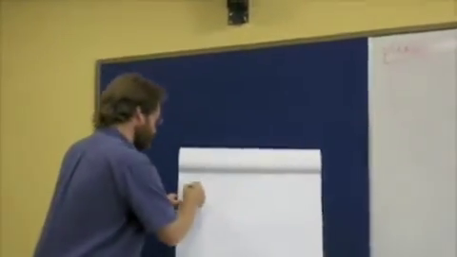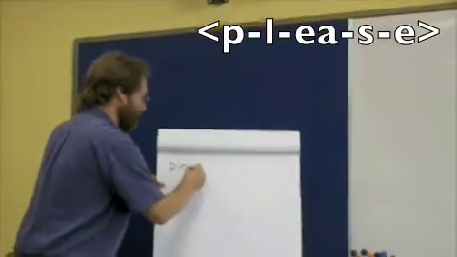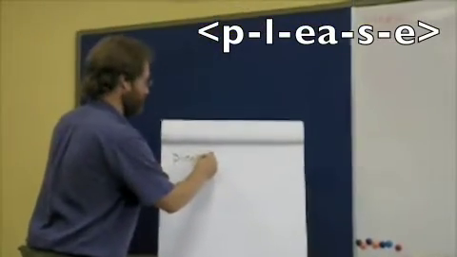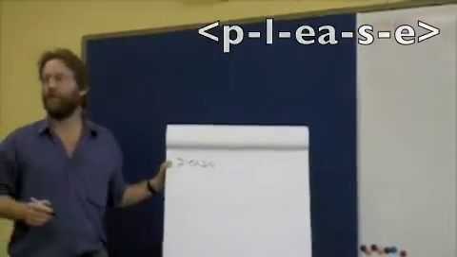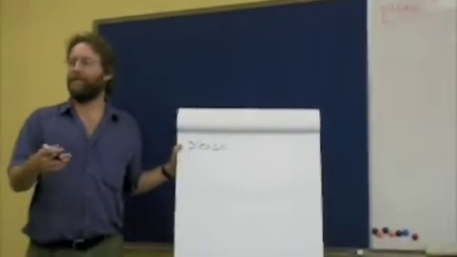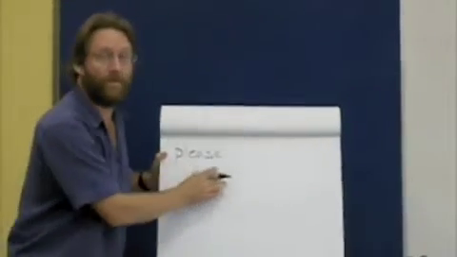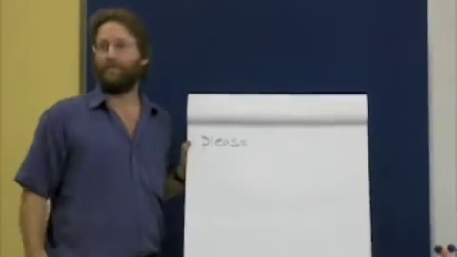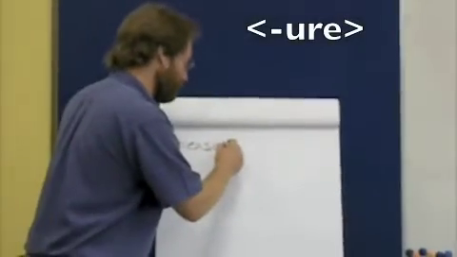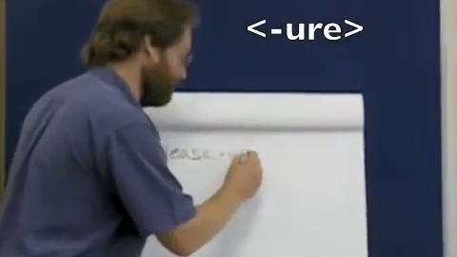Okay. So the base of pleasure is P-L-E-A-S-E. Okay, excellent. Now, what is the suffix I'm adding to the base word please to build pleasure? U-R-E. Excellent.